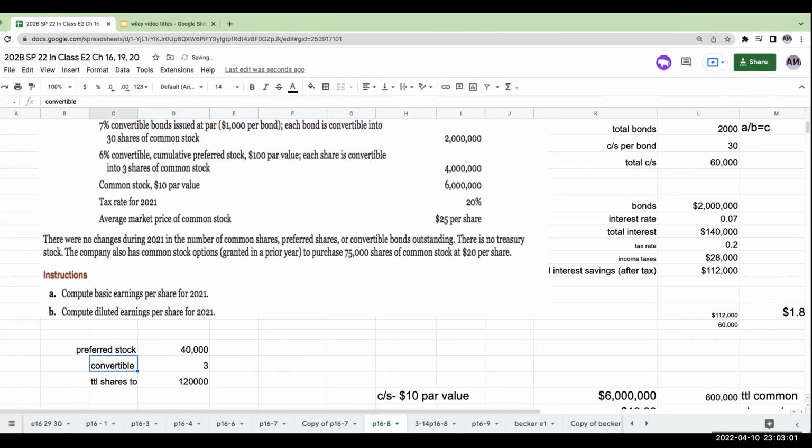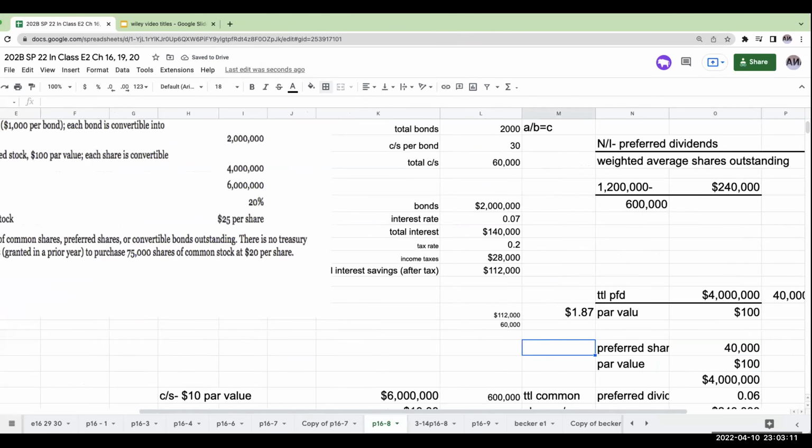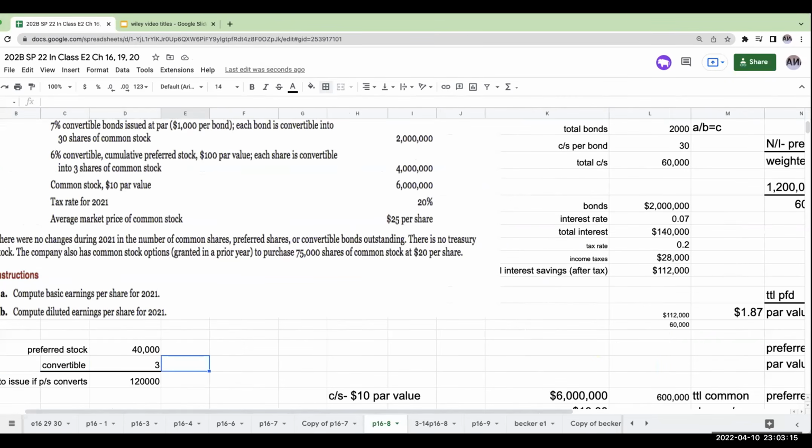So if the preferred stock converts, I'm going to issue out 120,000 shares, right? Similar to this equation over here, if the preferred stock converted, I don't have to pay preferred dividends. My preferred dividends are 240,000.